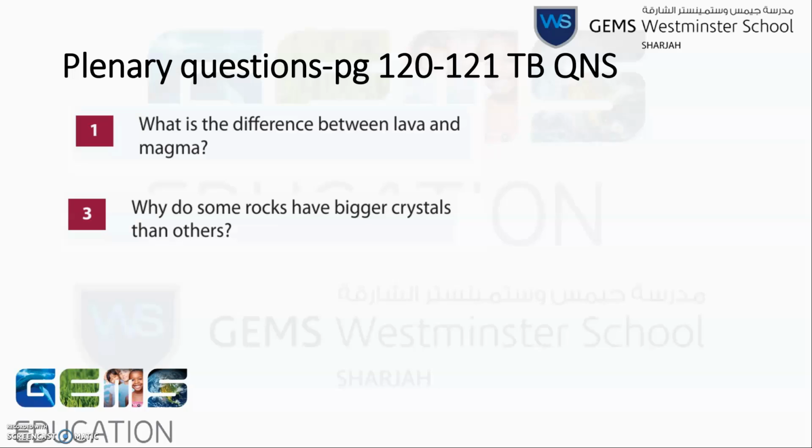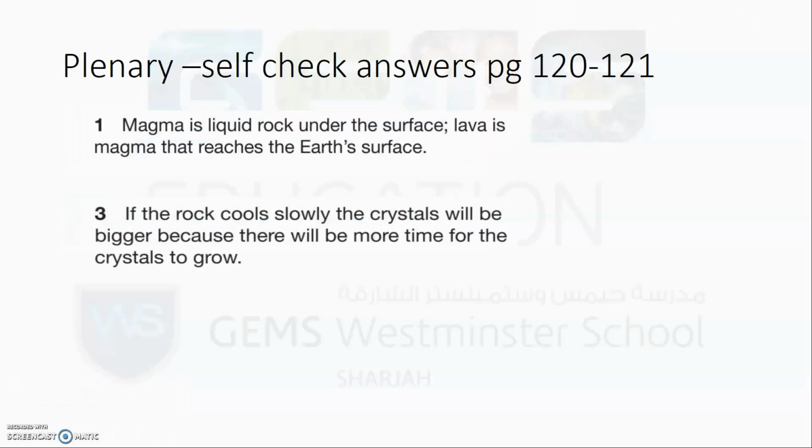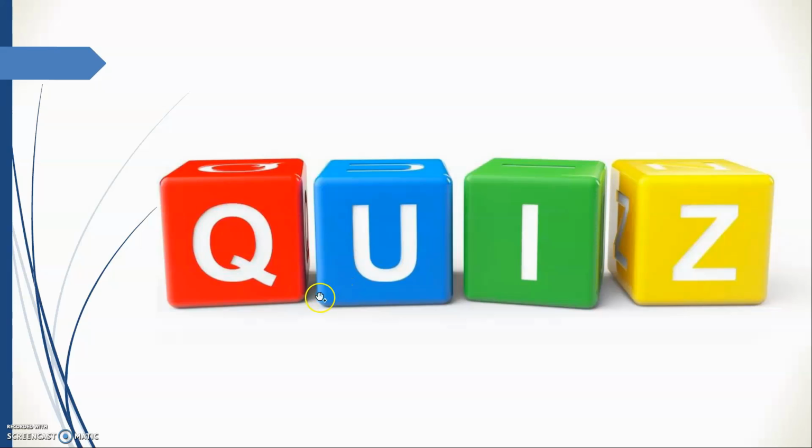Some rocks have bigger crystals because they take more time to develop. Magma is liquid rock under the surface. Lava is liquid rock that reaches the earth's surface. If the rock cools slowly, the crystals will be large because there is more time for the crystals to grow. Okay guys, it's quiz time now.